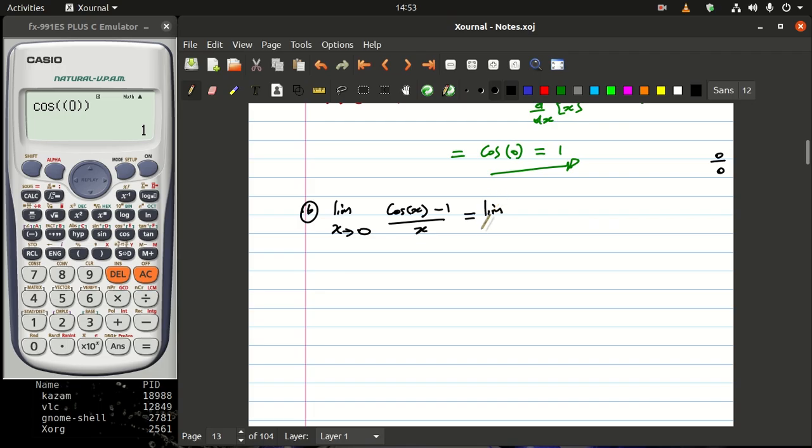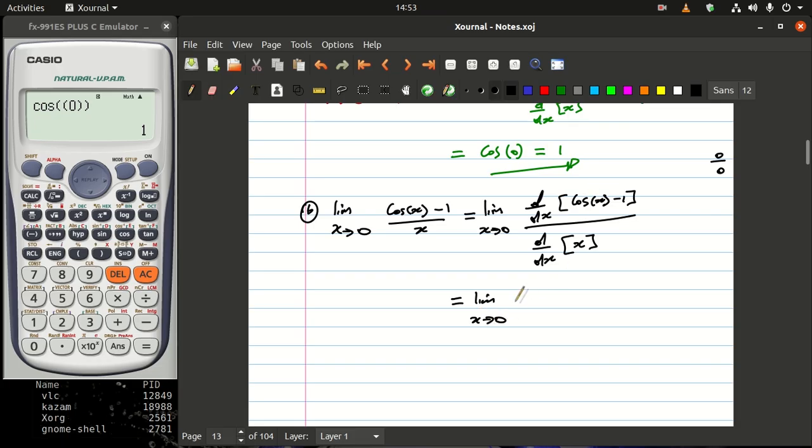In other words, this is going to be the limit as x approaches 0 of the derivative with respect to x of cosine of x minus 1, divided by the derivative with respect to x of just x, which is in the denominator. Of course, we still have the limit as x approaches 0, and the derivative is minus sine of x, and the derivative of 1 is just a 0.